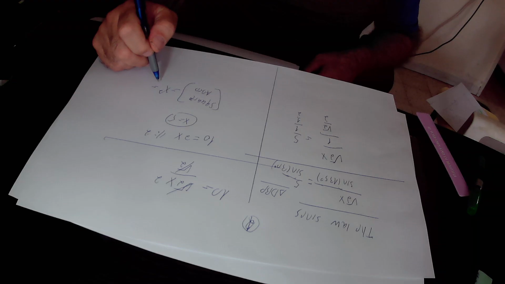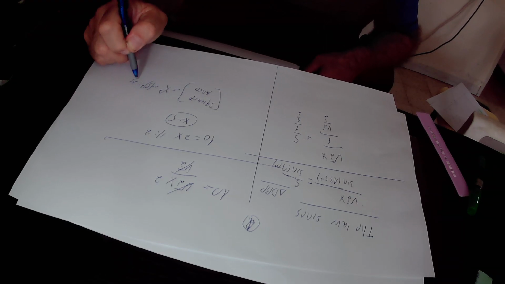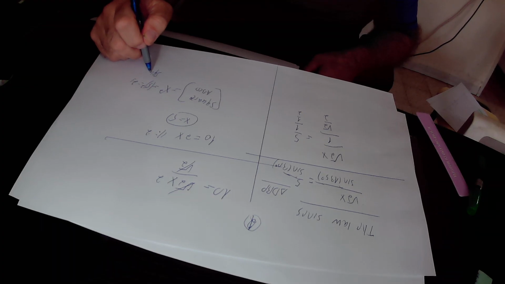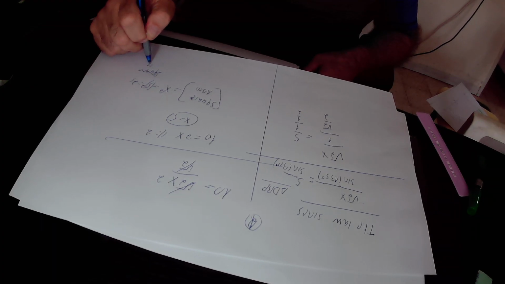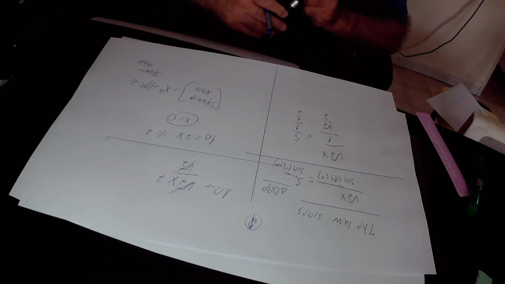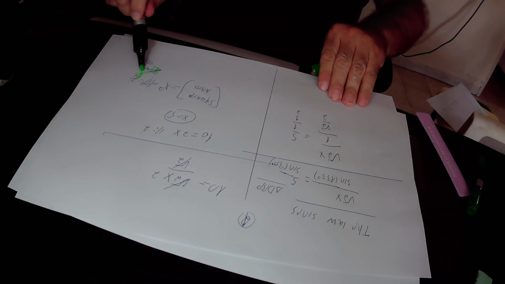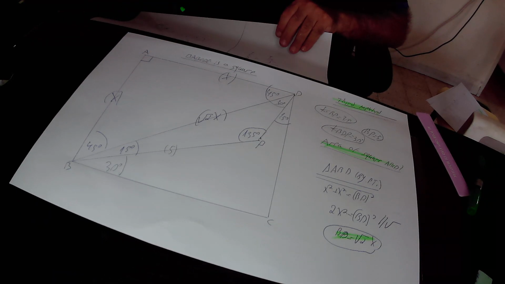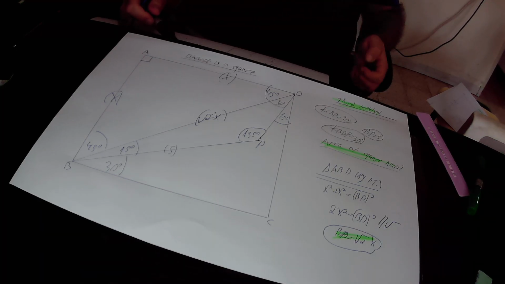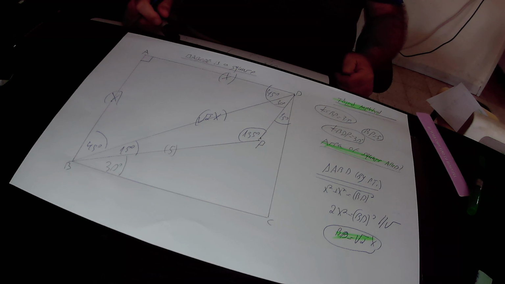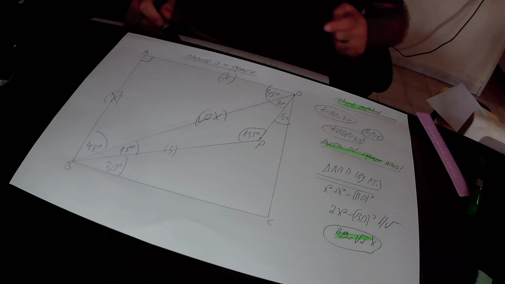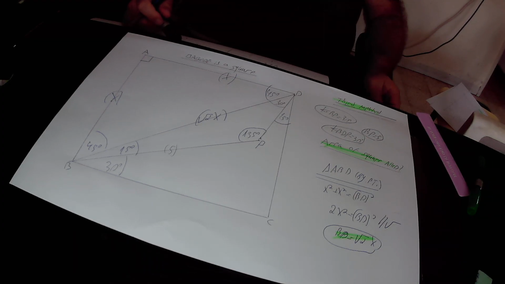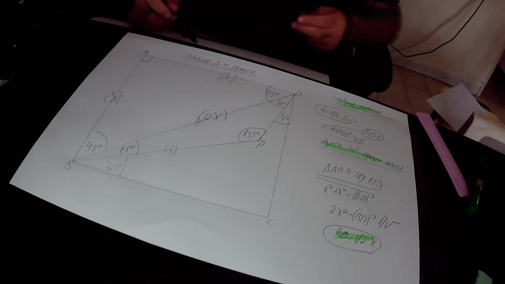X is 5, so x squared is 5 squared, that is 25. So we find that the area of this square is equal to 25 square units. In all three methods, we arrived at the same result. The area of this square ABCD equals 25 square units.